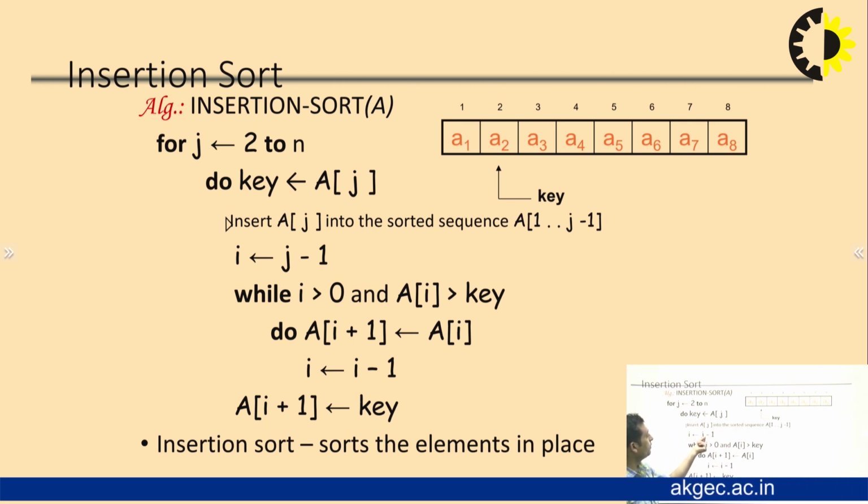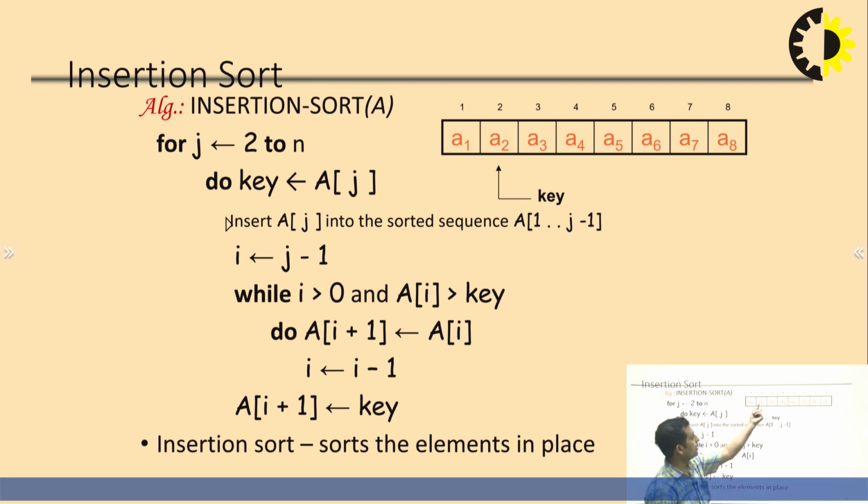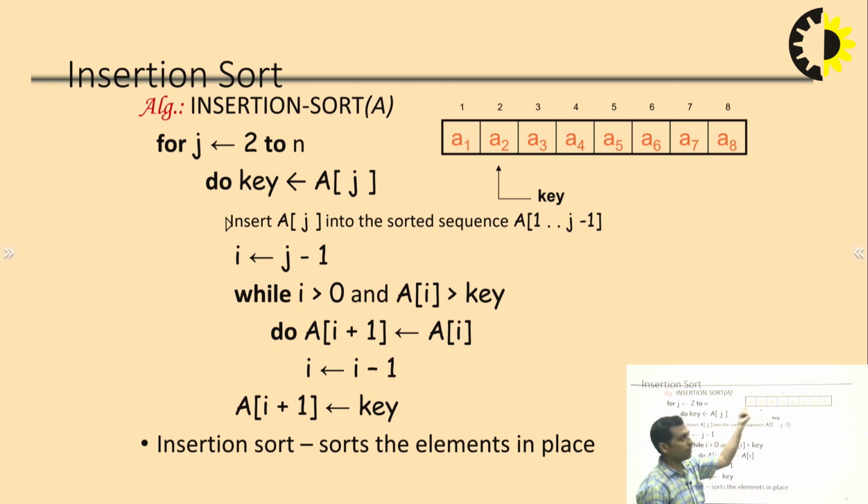Start from j minus 1, which means start from the extreme right position. So the extreme right position is, if this is j, this is j minus 1. So start with j minus 1.